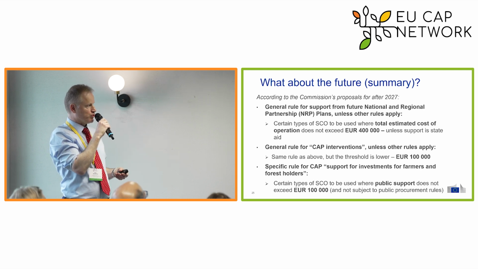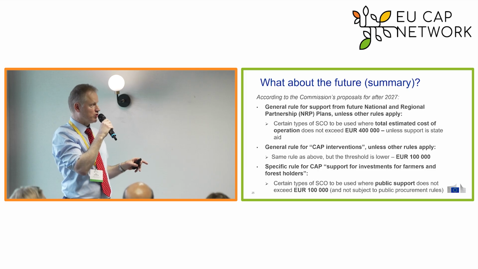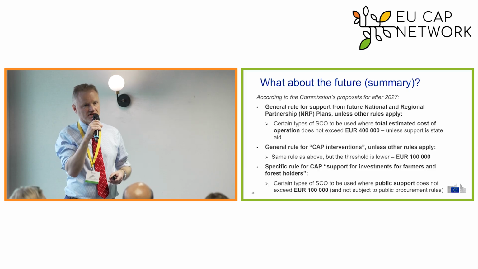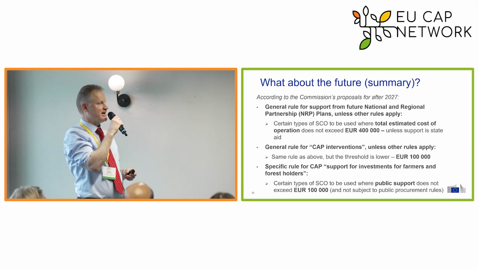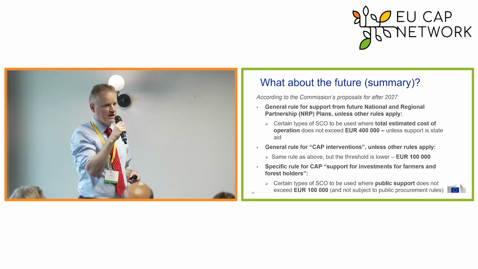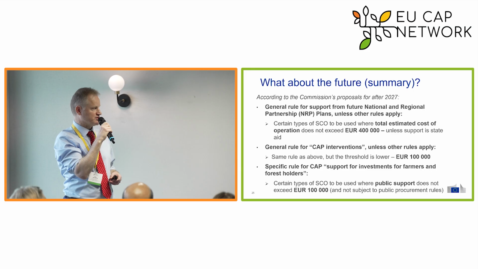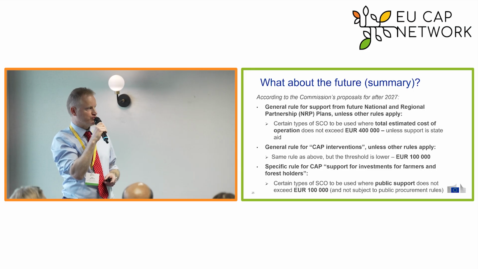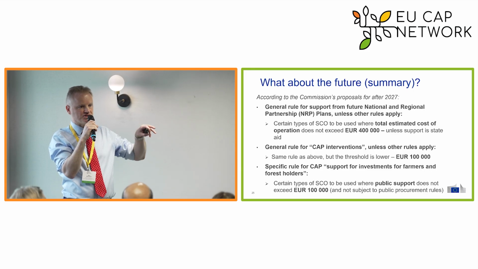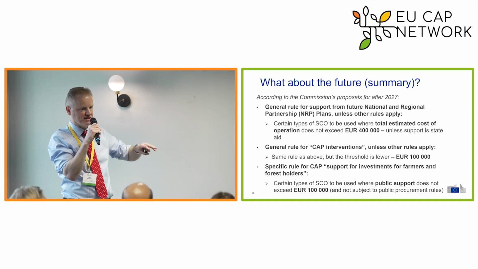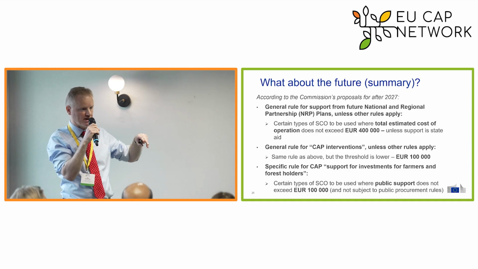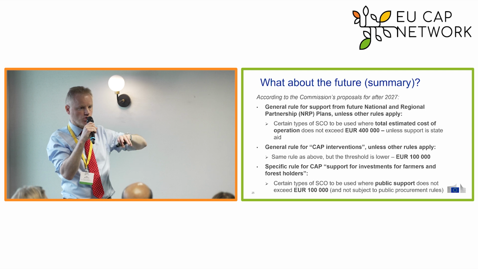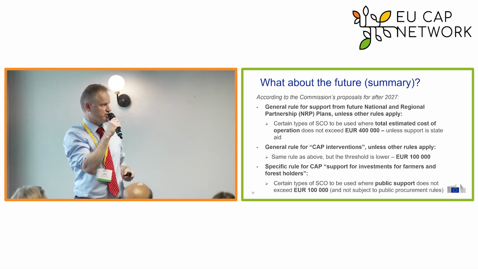So this basic rule is that, in fact, the slide should say either financing not linked to cost or certain types of SCO would have to be used where the total estimated cost of an operation doesn't exceed 400,000 euros. That's unless state aid rules say otherwise. So that's a general rule. We're talking way beyond the CAP here. This is not even primarily the CAP for that one, though it will apply to the CAP in some cases. It's really for all support under the national and regional partnership plans.